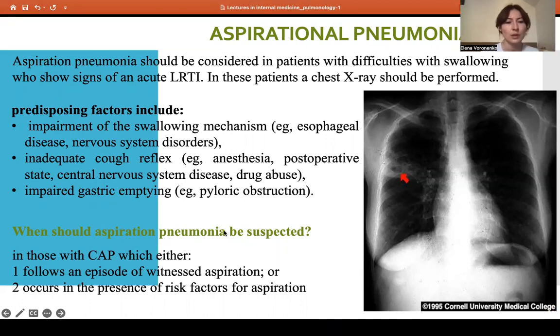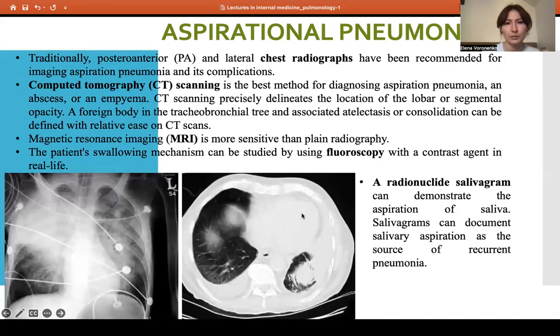When should aspiration pneumonia be suspected? In those with CAP, which either first follows an episode of witnessed aspiration, or second occurs in the presence of risk factors for aspiration.